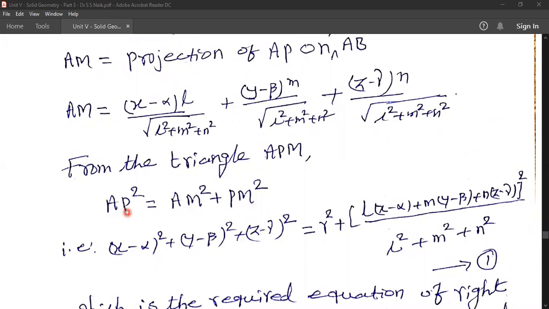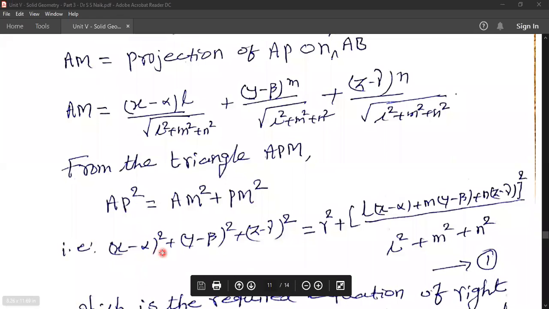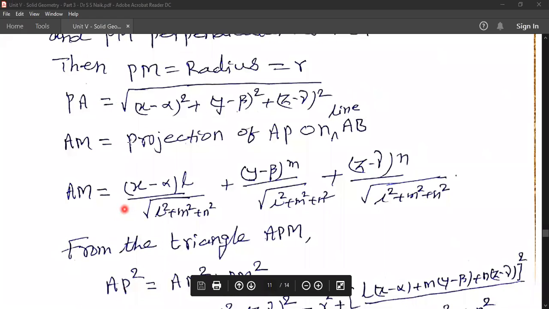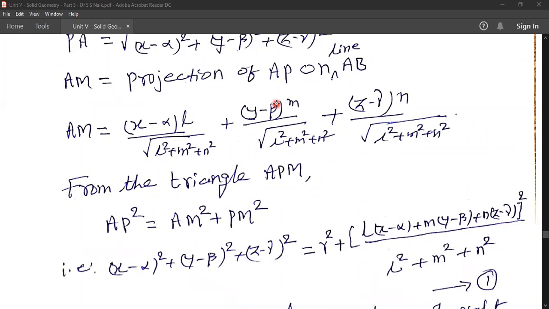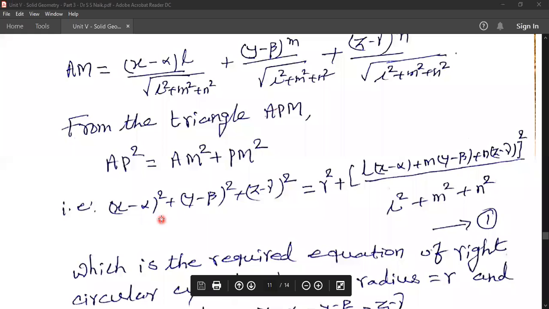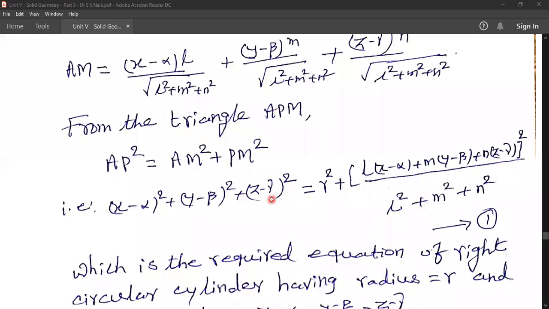Then AP is known to you. That is equal to the square root of (x minus alpha) square plus (y minus beta) square plus (z minus gamma) square. The square root will get cancelled because you are squaring this value. So this will remain: (x minus alpha) square plus (y minus beta) square plus (z minus gamma) square.